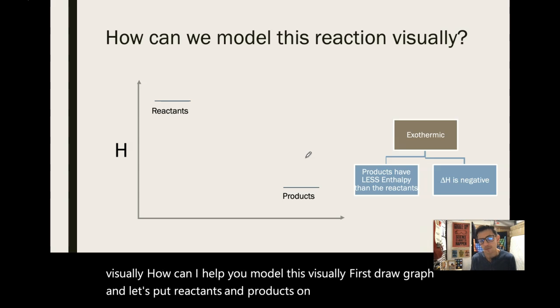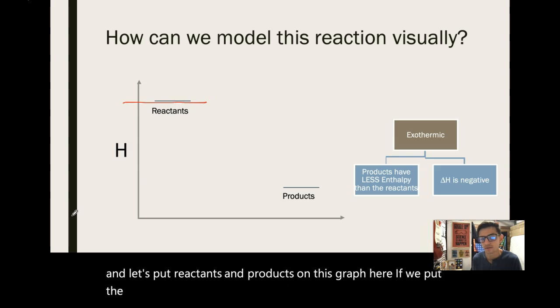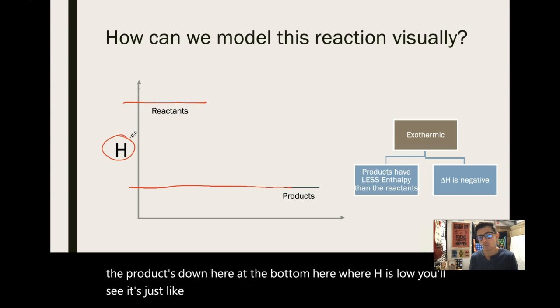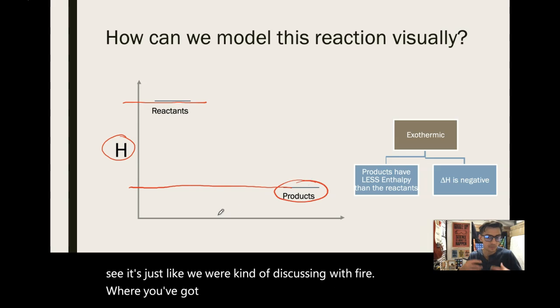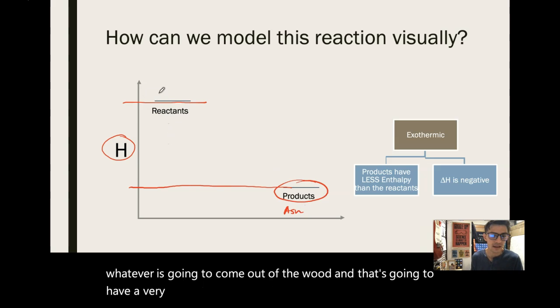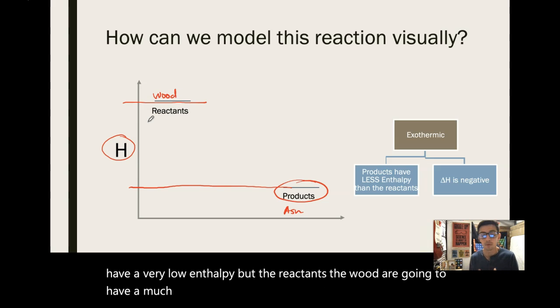If we put the reactants up at the top of the graph, where H is high, and the products down here at the bottom, where H is low, it's just like we were discussing with fire, where you've got products of perhaps ash or charcoal coming out of the wood. That's going to have a very low enthalpy, but the reactants, the wood, are going to have a much higher enthalpy before they're burned.